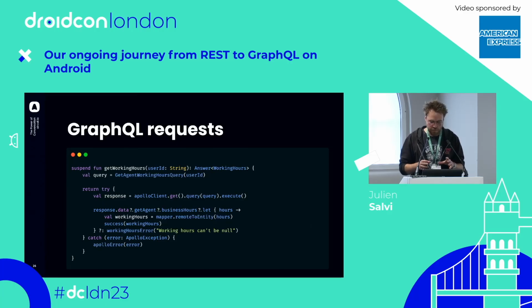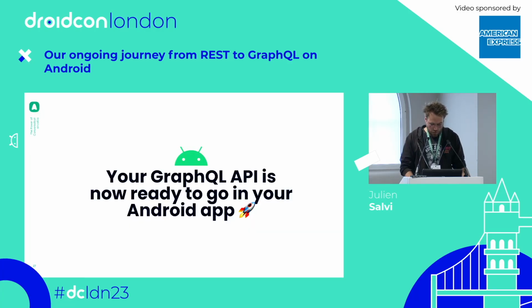Everything has been defined and generated by Apollo. And I can now send the data to the repository part. And that's it. With just that, you can now query or mutate all the things that are available inside the schema.